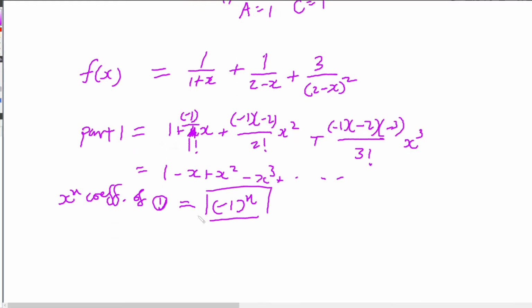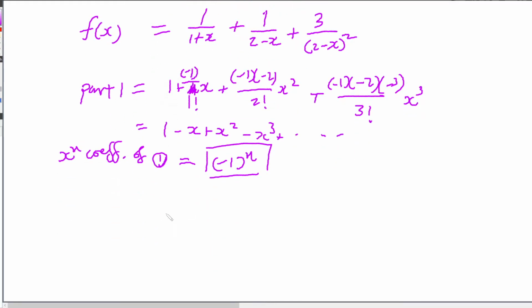Now for 1 over 2 minus x, what I thought we might be able to do is to make this form similar to the form of the converging geometric series.